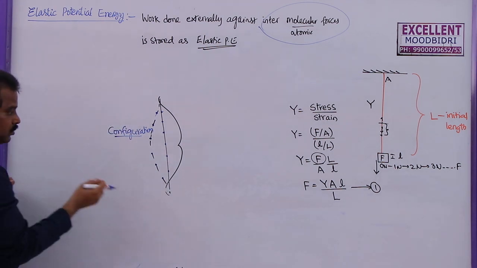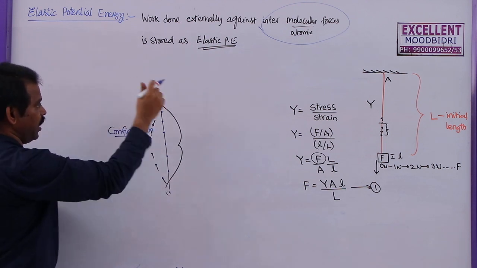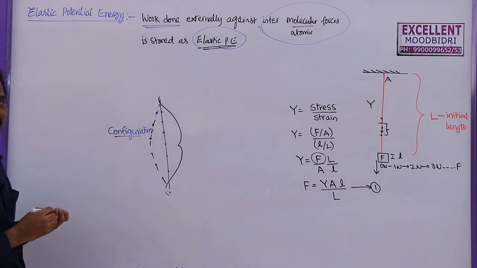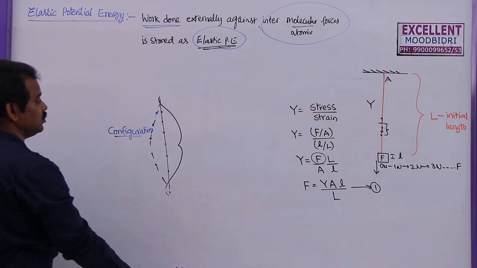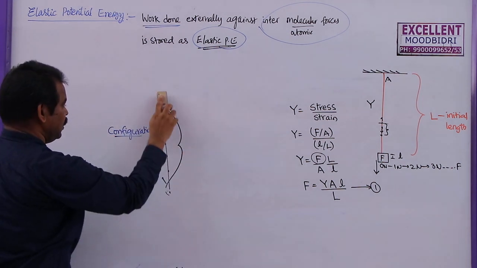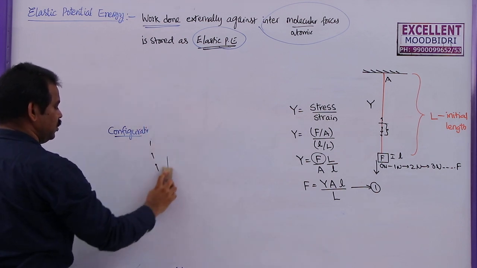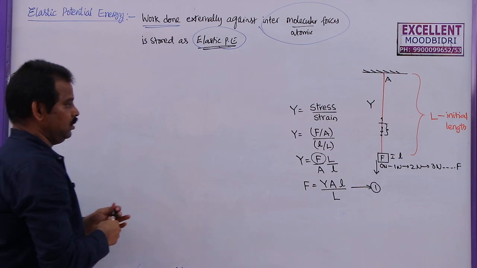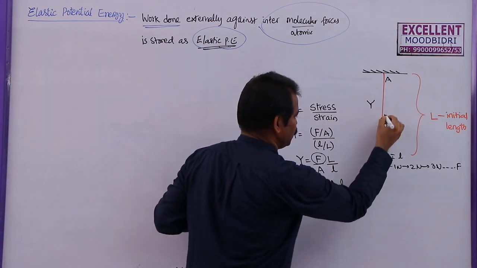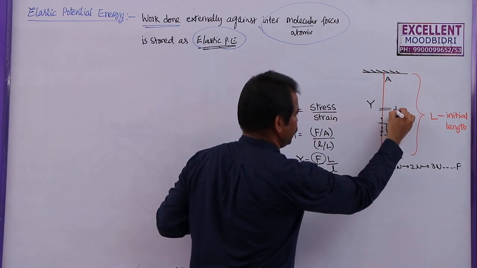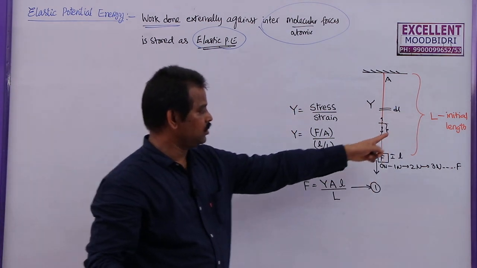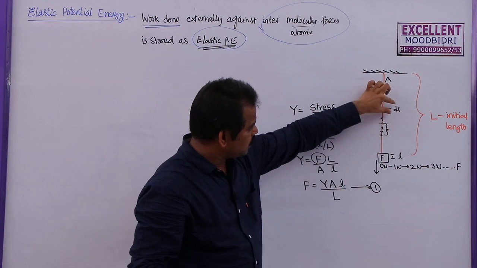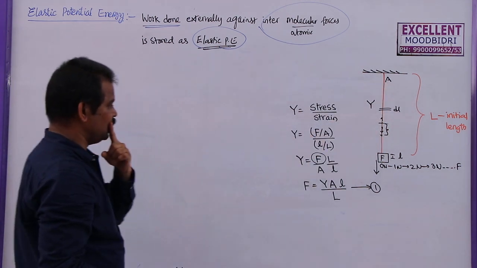So how to find out the energy stored? To find out this potential energy, first I need to calculate the work done in stretching this wire, or work done in elongation of the wire. Let us say I am applying a small force for a small change in length. I am not going to take the original length or the total change in length for this. For a small force, let us say the change in length is dl.